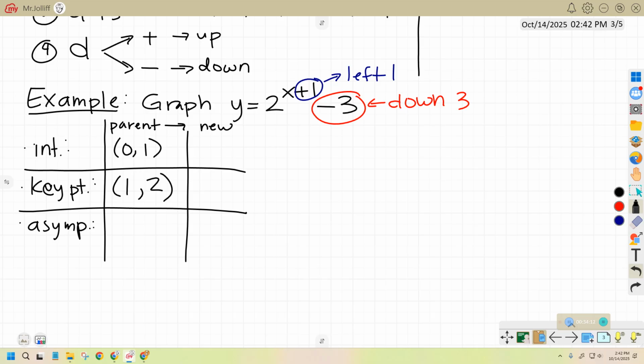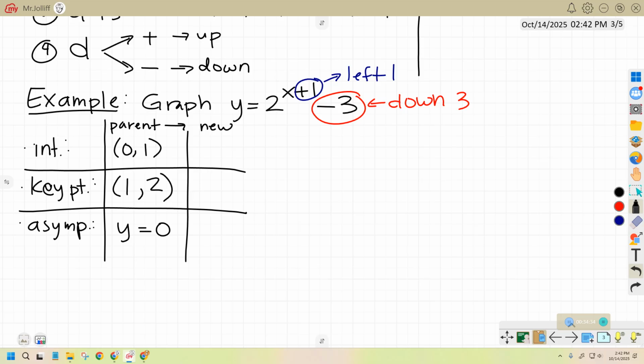Cecilia, vertical or horizontal? Did you write it down? Nobody wrote it down. Marissa? Horizontal, very good. Specifically at y equals 0. Exponentials have horizontals.